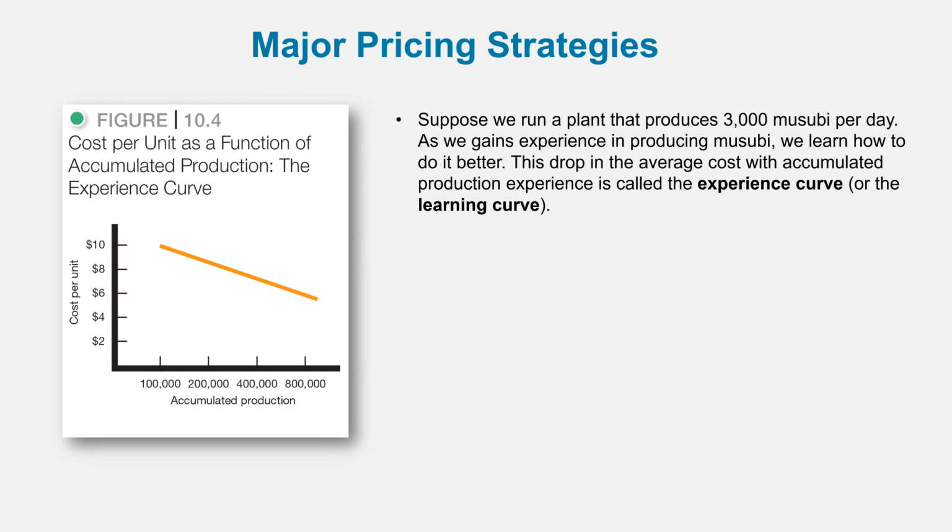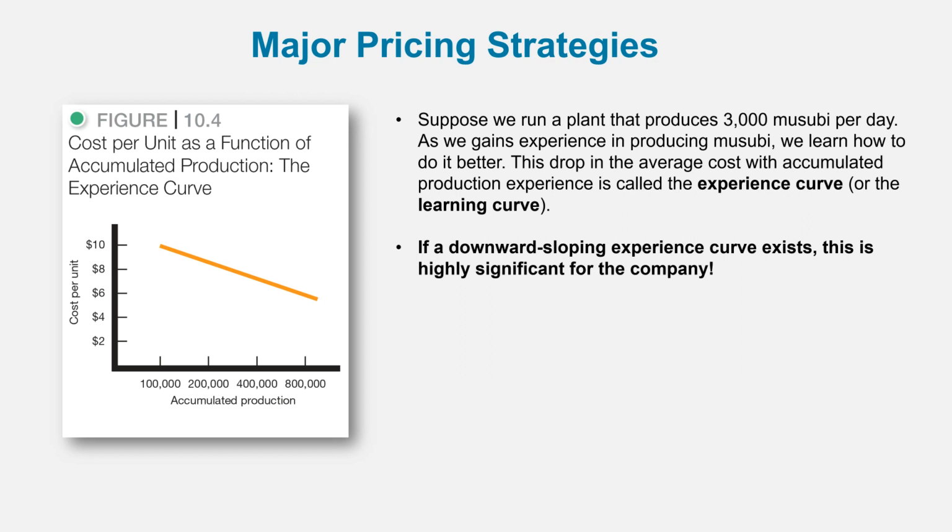As we get better, the average cost of production is accumulated in such a way that there's a learning curve, and therefore there's a drop in average cost. When we see this drop in average cost, where the cost per unit drops as production increases, again, that slope that we saw in every curve going down, this is highly significant. This is a time to be producing all the way up to the maximum capacity.